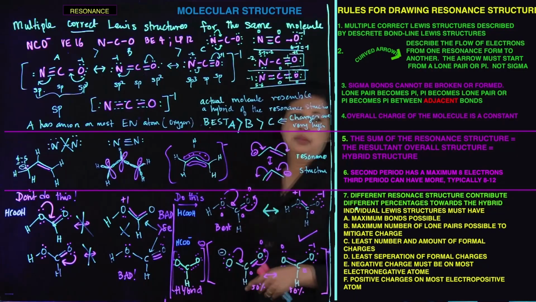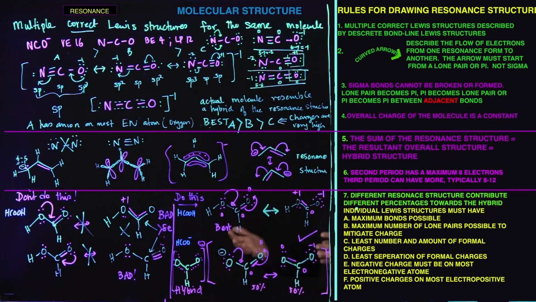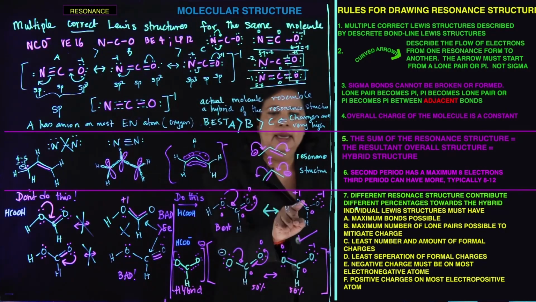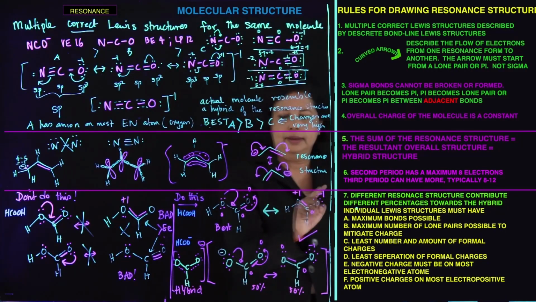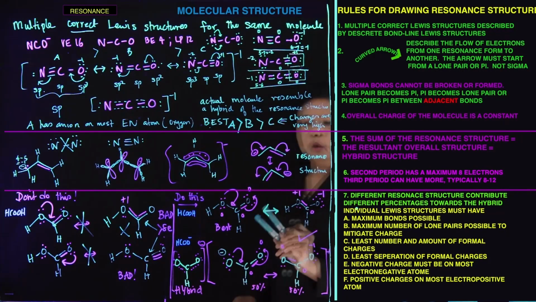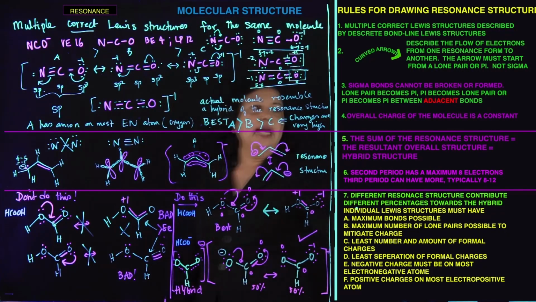That's really important, and that comes with practice. So electrons can go from lone pair to pi, pi to lone pair, pi to pi. So you can see this is going from lone pair to pi, and pi to lone pair. You really have to make sure that you know that they only go between adjacent atoms.